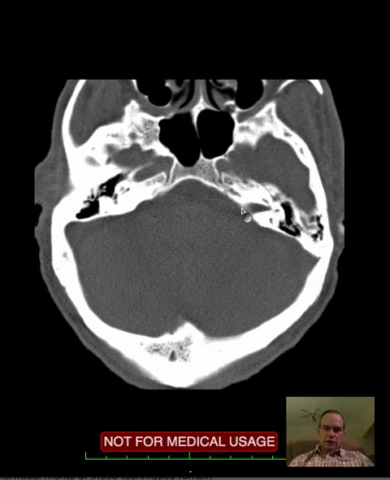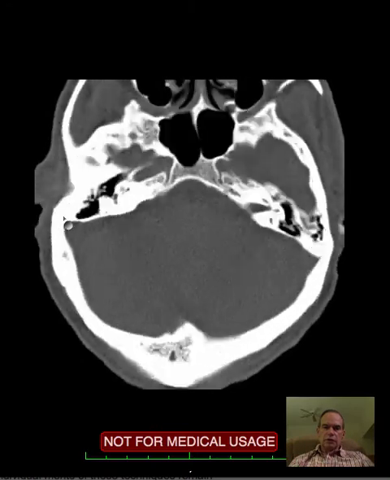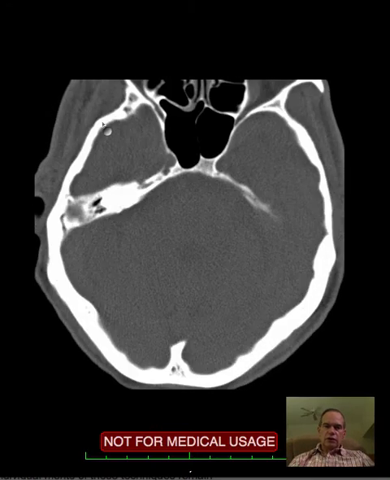And then here is the internal auditory canal where the 8th nerve, which is the vestibulocochlear nerve, is located. These are the sphenoid sinuses. They are located in the sphenoid bone. This is part of the temporal bone. This is the petrous portion of the temporal bone. And then it's above that level that you have the squamosal portion of the temporal bone.